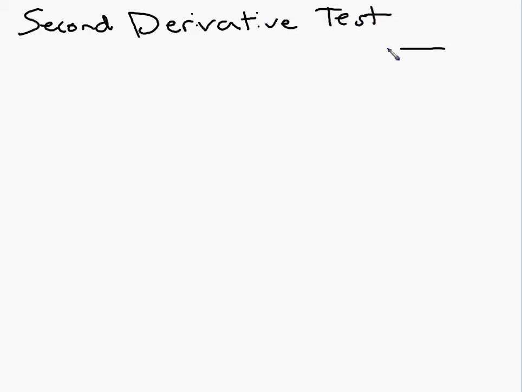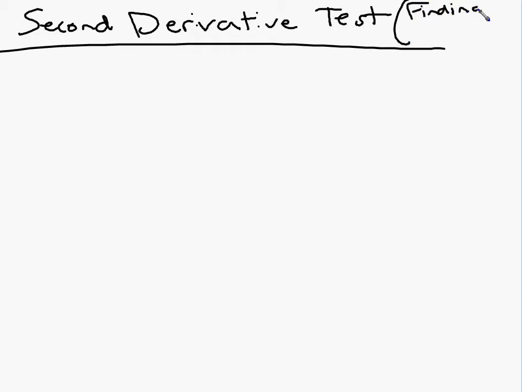Now, it does involve finding the second derivative, but I think a lot of times it's easier. Let's make a big note up here. Second derivative test for finding maximums and minimums. Okay, we've done the first derivative test. Now we're going to do the second derivative test.